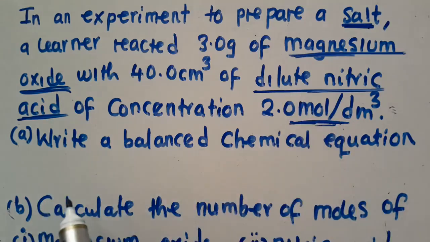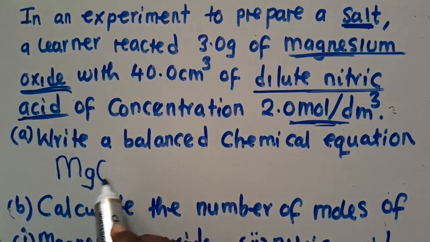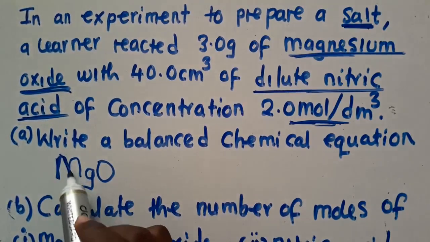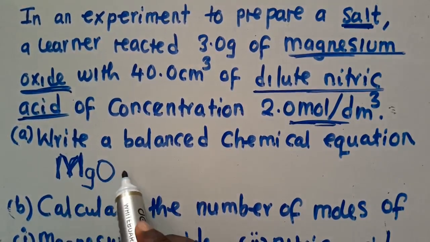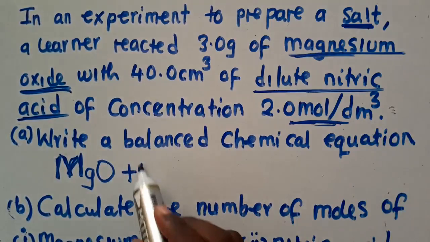So magnesium oxide is like this. This is magnesium oxide. I believe you know how to write this. This is magnesium oxide. Was reacted with what? Dilute nitric acid. Nitric acid is like this.